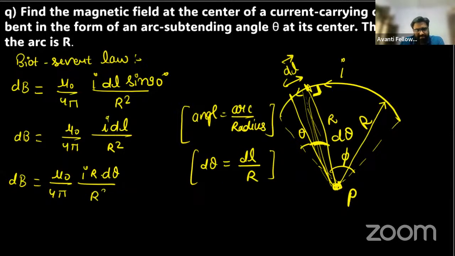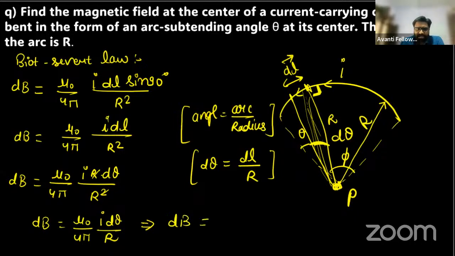So r square, one r will cancel out. dB equals mu naught upon 4 pi I d theta over r. Now mu naught, I and 4 pi r are constants, so we can take them out and integrate the whole expression.